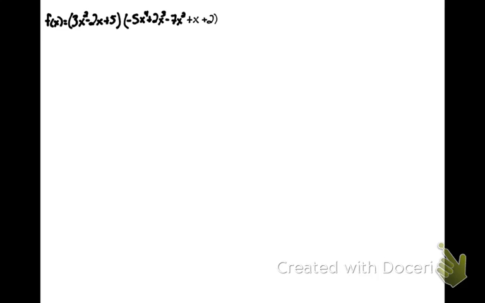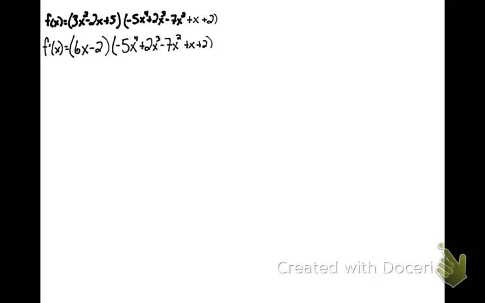So f prime of x is equal to the derivative of the first function. In this case that would be 6x minus 2 times the second function. So in this case it will be negative 5x to the fourth plus 2x cubed minus 7x squared plus x plus 2.